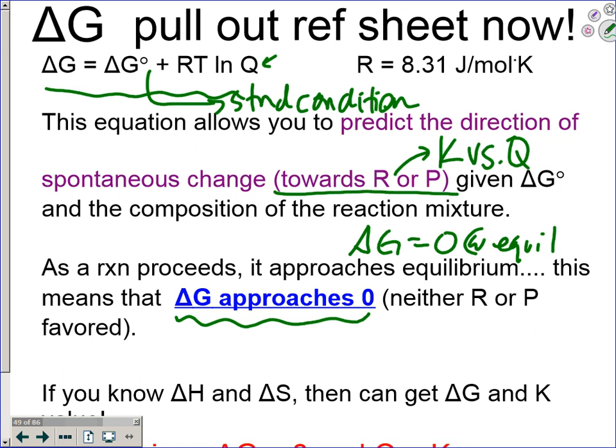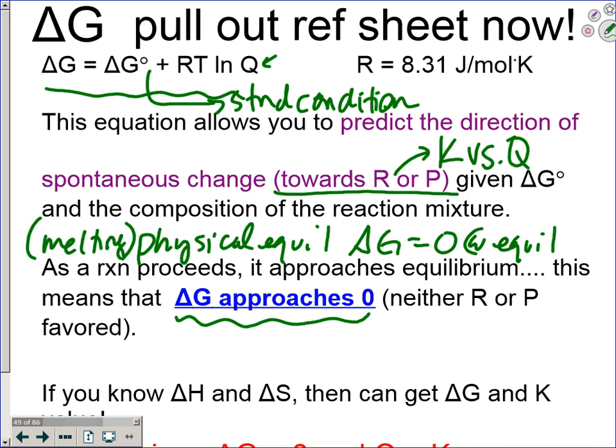Delta G positive meant flow the opposite direction. But then we had this one scenario where we actually had physical equilibrium. So at physical equilibrium, which on the thermochem test was like melting, I think, it was saying, hey, I'm at the melting point, and they had an equilibrium arrow. We should know that delta G is 0. It's not favorable in the forward or the reverse direction once it's at equilibrium.